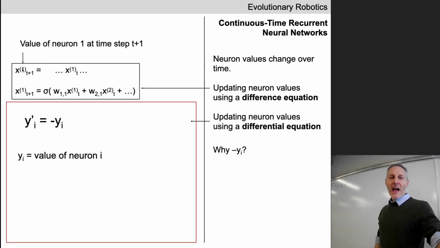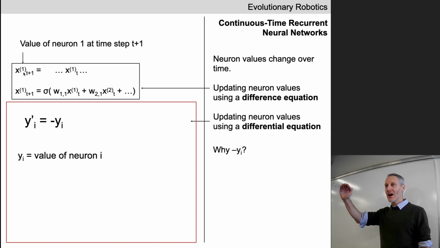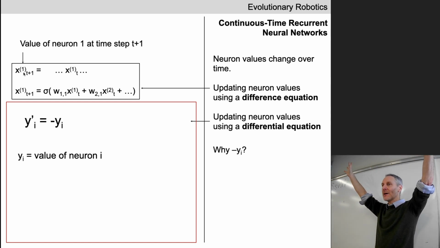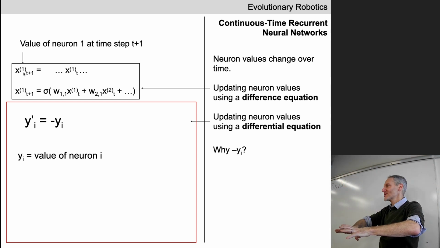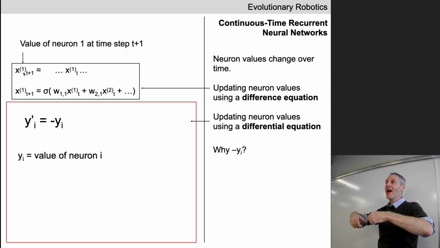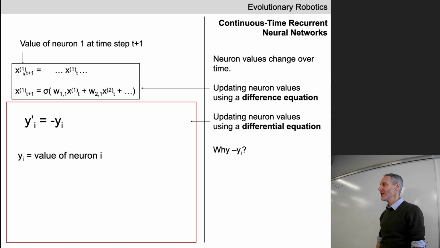When we looked at equations describing how neurons change from one time step to the next, we sum up all the incoming values and squish that sum through an activation function, and then do it again a short time later. The mathematical description of that process was a difference equation.